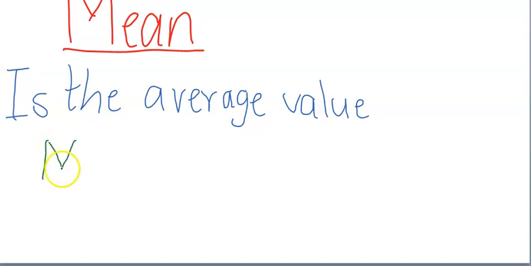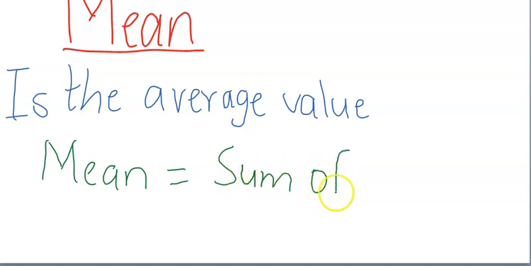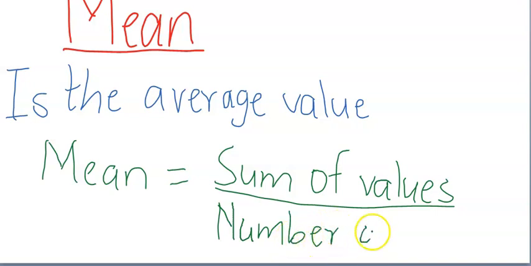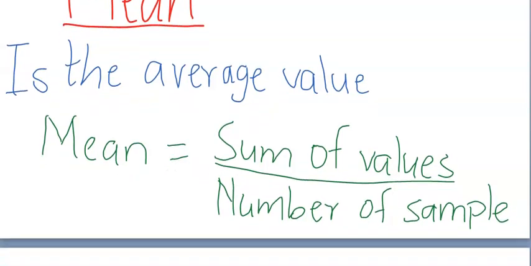So the mean is given by the sum of all the values divided by the number of the values, or the number of the sample.